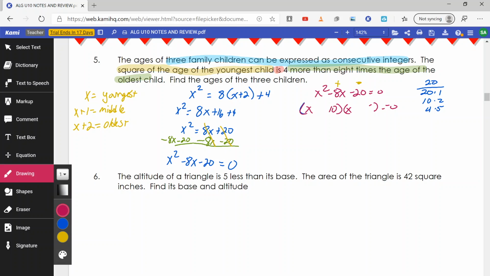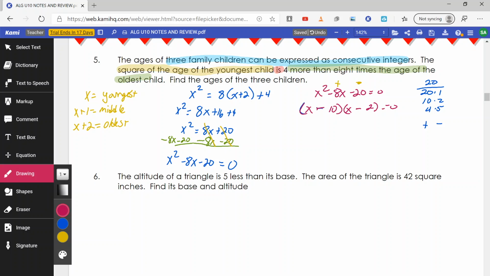So 10 and 2. We're multiplying to a negative number, negative 20, so one of those 2 numbers will be positive and the other negative. Positive times negative makes a negative. The middle term is negative, so the larger of the 2 numbers will be negative: negative 10 and negative 2.